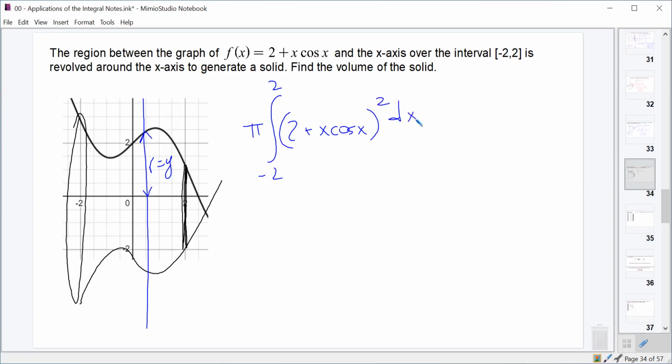squared dx. And even if we try to distribute this out, this is going to be a fairly difficult integral to find. It's a Calc 2 integral that requires integration by parts. So we could go ahead and use our graphing calculator to see if we can figure out the actual value of this integral.